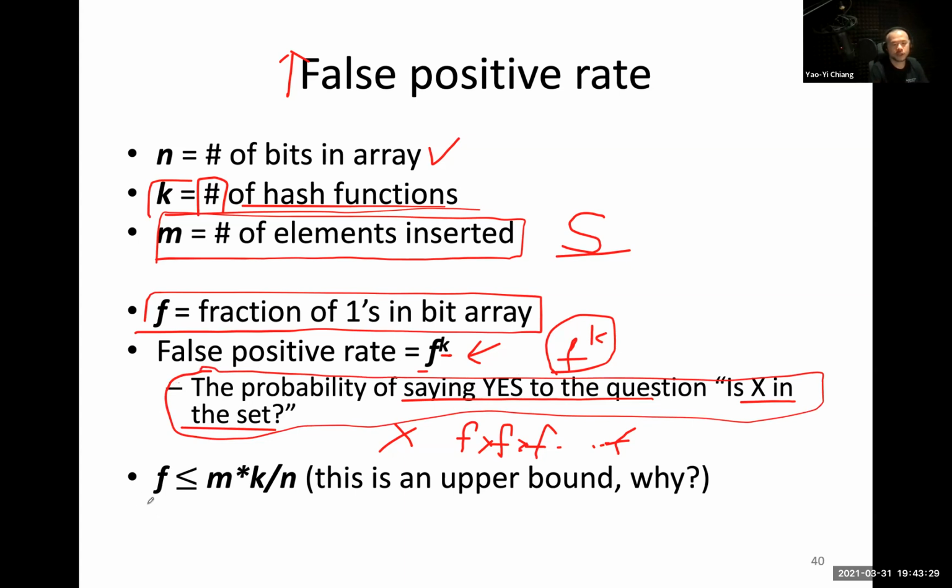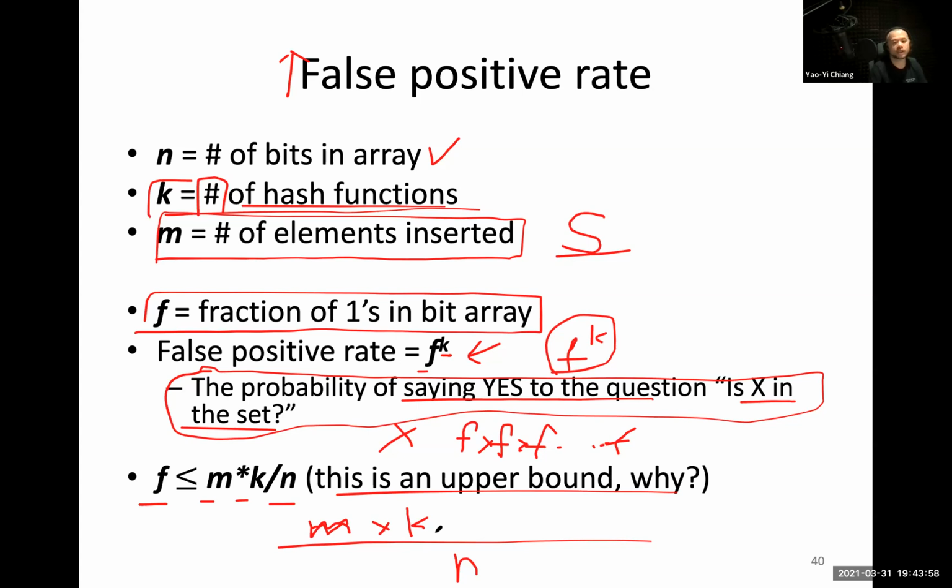And we also know that f is smaller or equal to m times k divided by n, and this is an upper bound. Why is this an upper bound? Because you have n elements in the array, and you have m elements inserted. Each element is going to set at most k positions to 1, right?